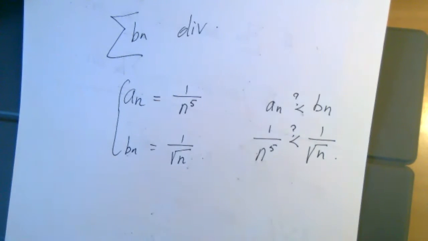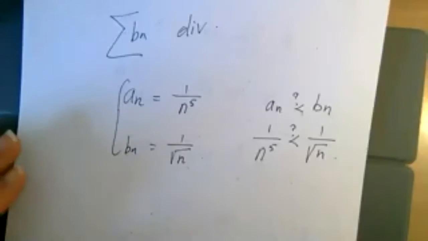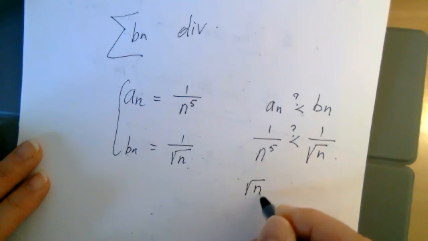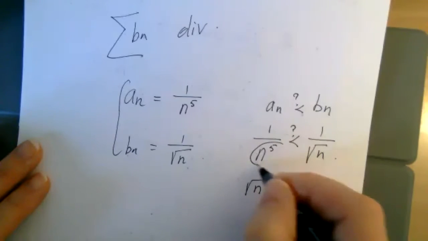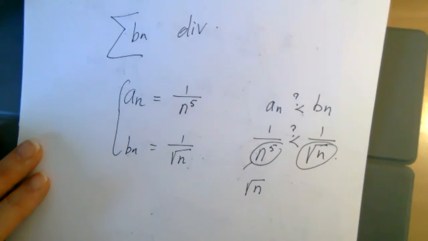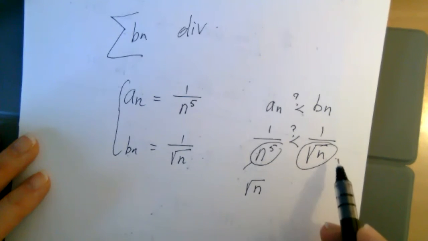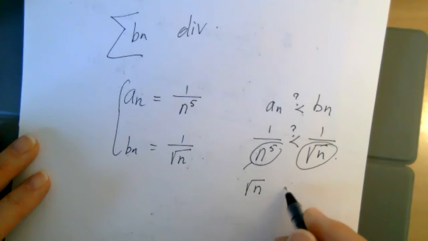Yes or no? Please answer in the chat. Okay, Maddie, yes. And let us see why. It is absolutely correct, because the denominator n^5 is larger than the square root of n. It means the square root of n is actually less than n to the power 5.